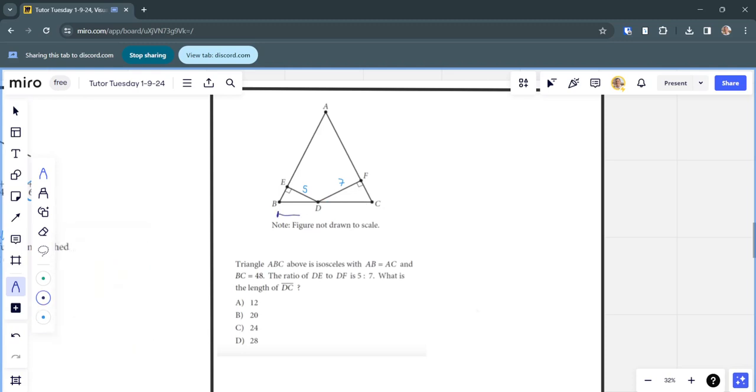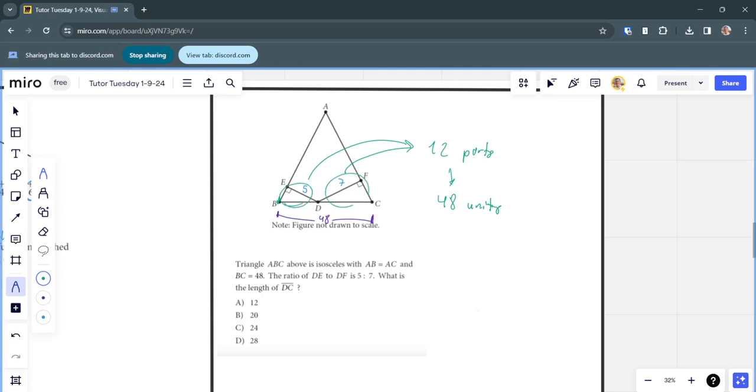From B all the way up to C is 48. It's also split into a ratio of 5 to 7, so that's 5 parts to 7 parts. In total, that adds up to 12 parts. And the whole units that we're considering here is 48 units from B to C.